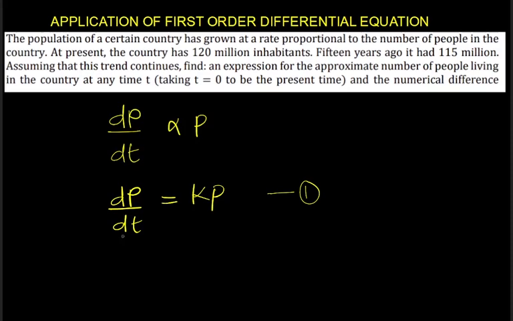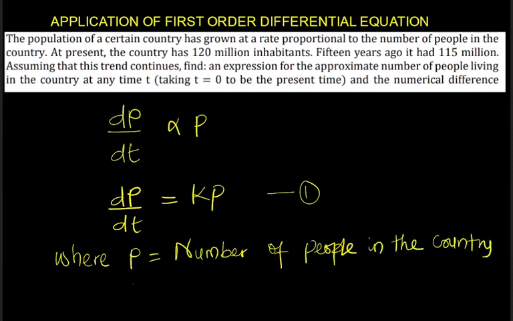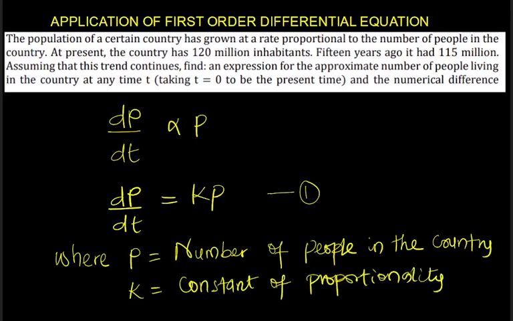Now, what does P represent? What does k represent? Our P represents the number of people in the country. Our k denotes the constant of proportionality.